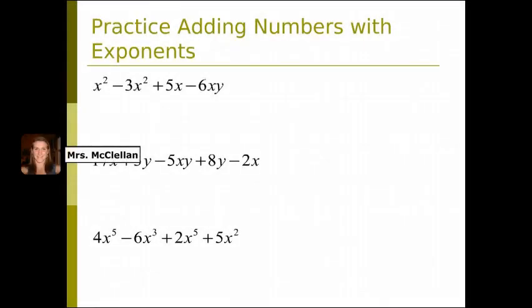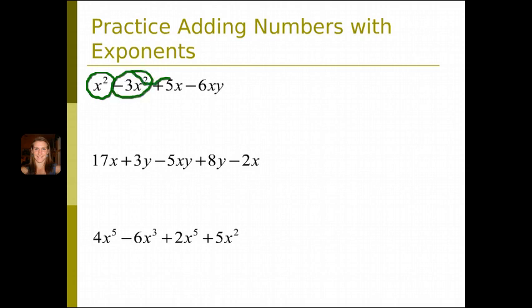All right, so for our practice example slide, again, we're just combining like terms. So my x squared combines with negative 3x squared, and I have a 5x, and I also have a negative 6xy.